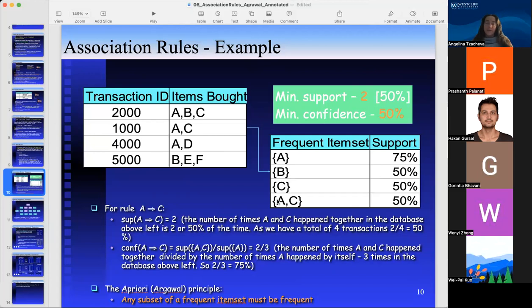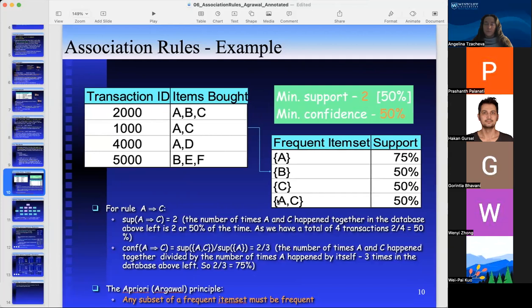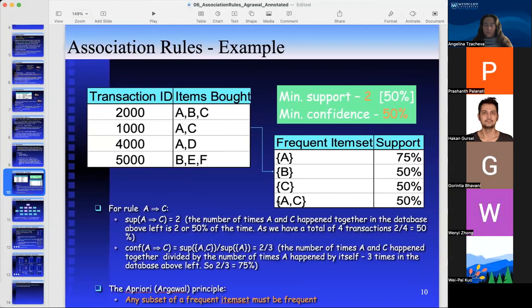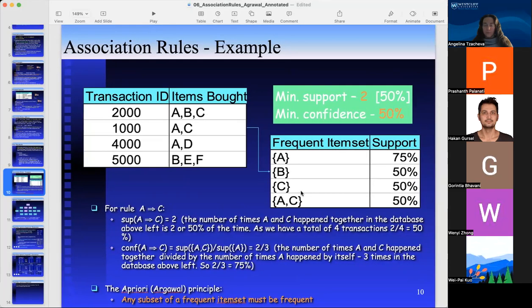For us to find the frequent patterns there and to take some action to our advantage, we need to check the support and the confidence, and if they are bigger than the given threshold, they're considered frequent.